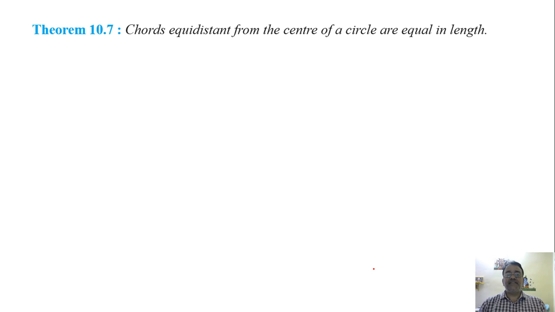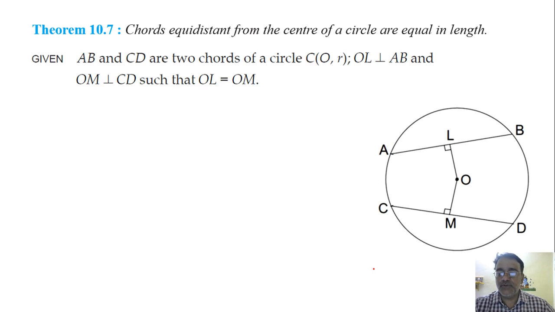Right. So next, chords equidistant from the center of a circle are equal in length. What we were just studying is that if chords are equal then they are equidistant from the center. Now if chords are equidistant from the center, they are equal. This is the converse. Here we take two chords AB and CD such that their perpendicular distances from the center are equal.